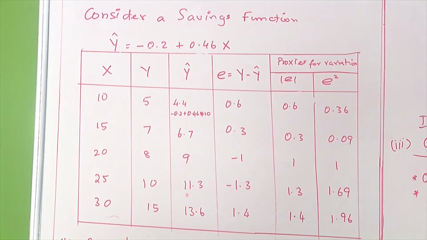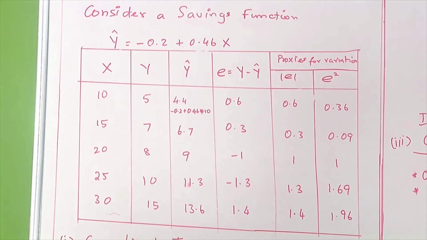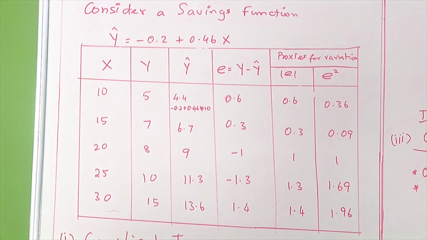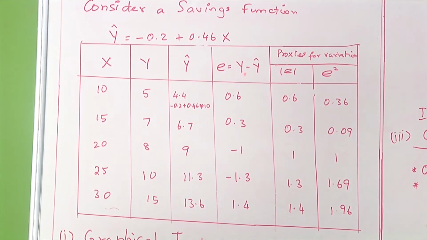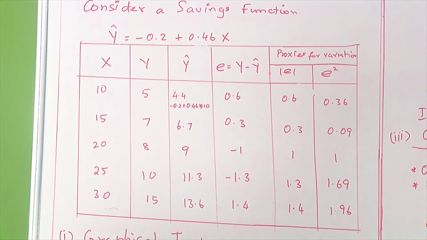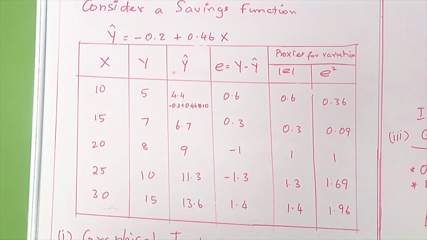So, after calculating these values, we can estimate the error value. Error is nothing but y minus y hat. It is simple, we are subtracting these two columns. Subtracting these two columns, we will get these error values, y minus y hat.